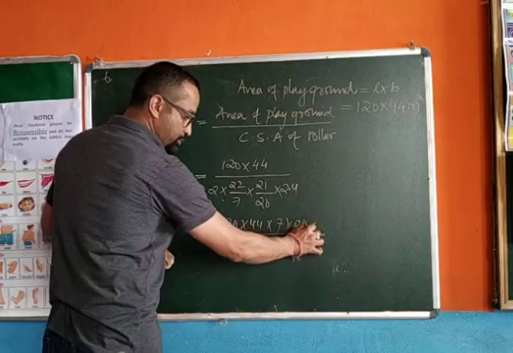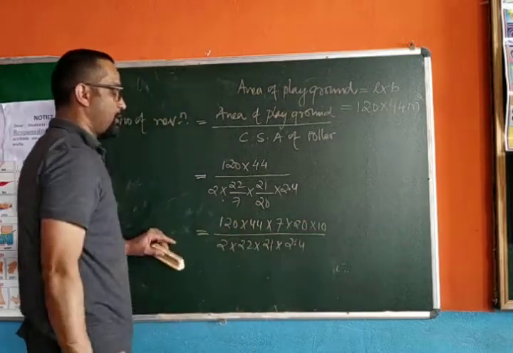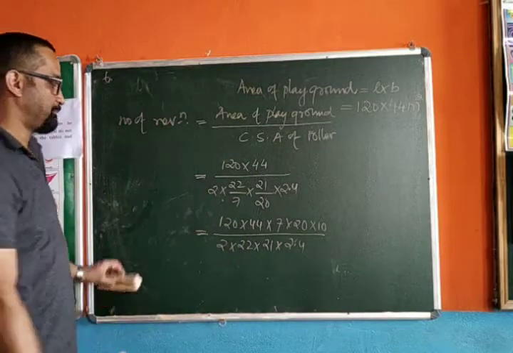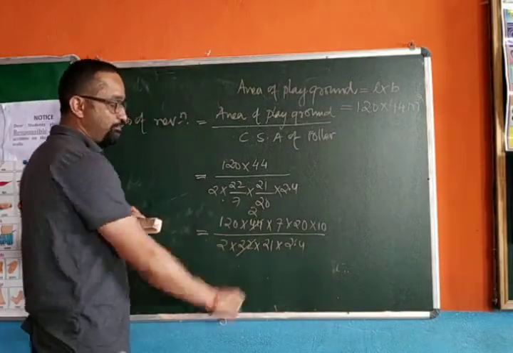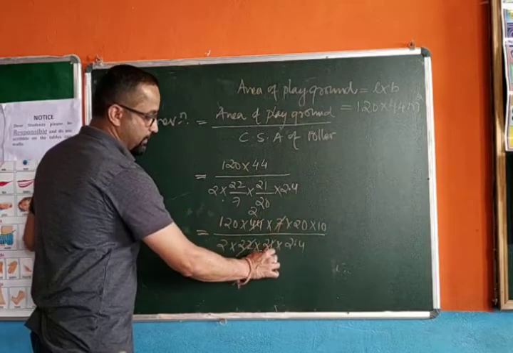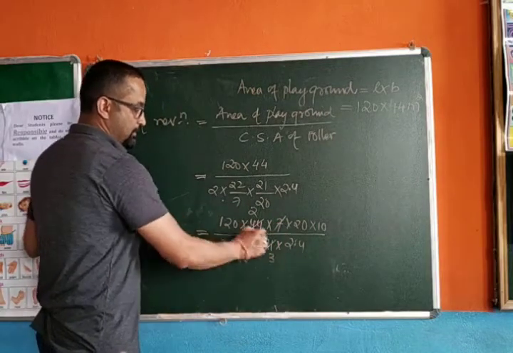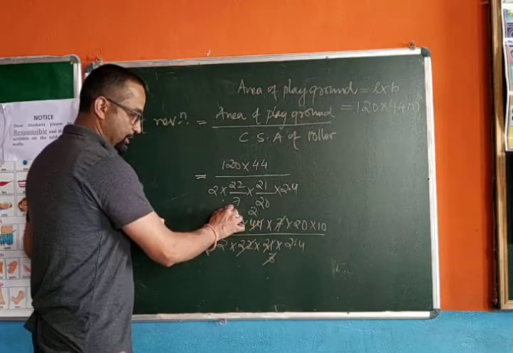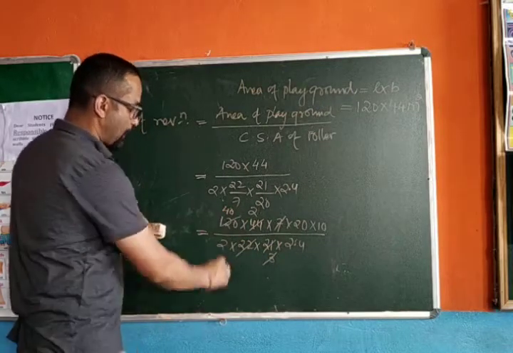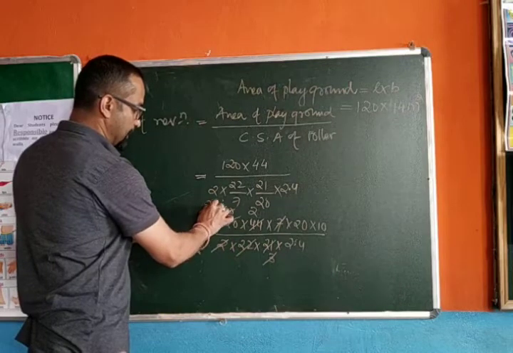Remove the decimal, put 0 and then cancel it. 22 2 times 44, 7 3 times 21, 3 40 times 120, 2 20 times 40.